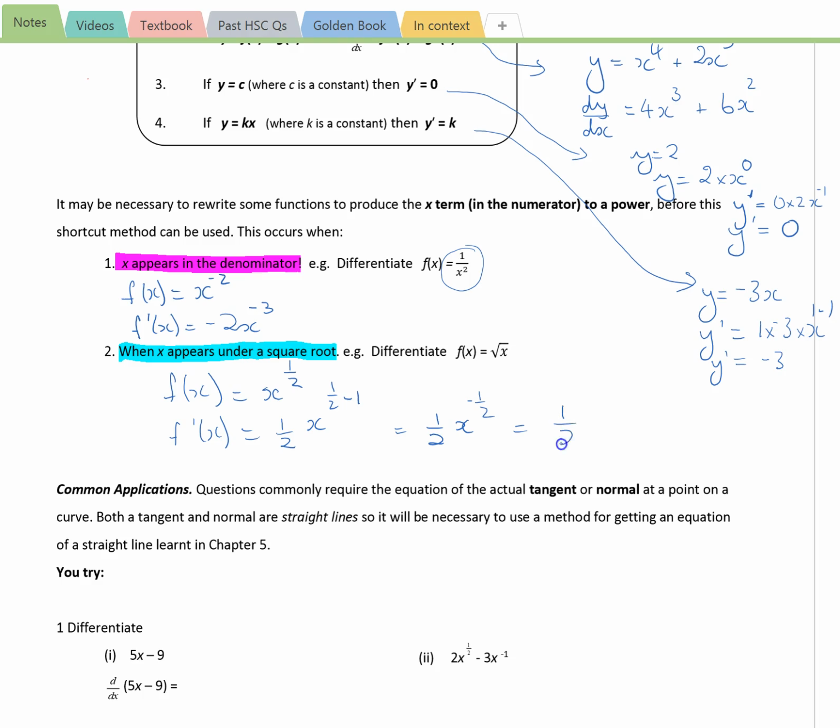So it's 1 over 2 times 1 over x to the half, positive a half, because that's the definition of a negative index, which is 1 over 2 square root x. Now I'll stop the video there and talk about these examples in the next video.